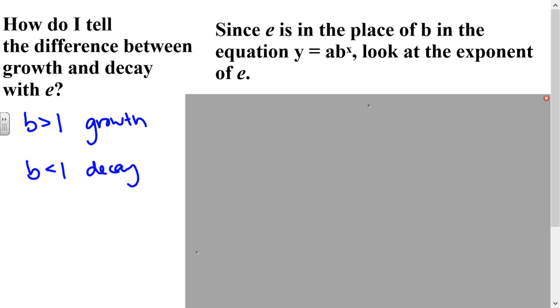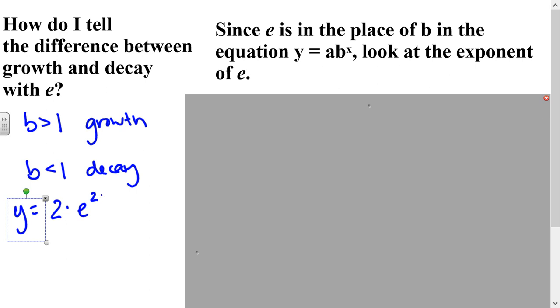So since e is in the place of b right here, if I had y equals 2 times e to the 2nd power, well, since e is approximately 2.718, if I take that to the 2nd power, it's still going to be a whole number.